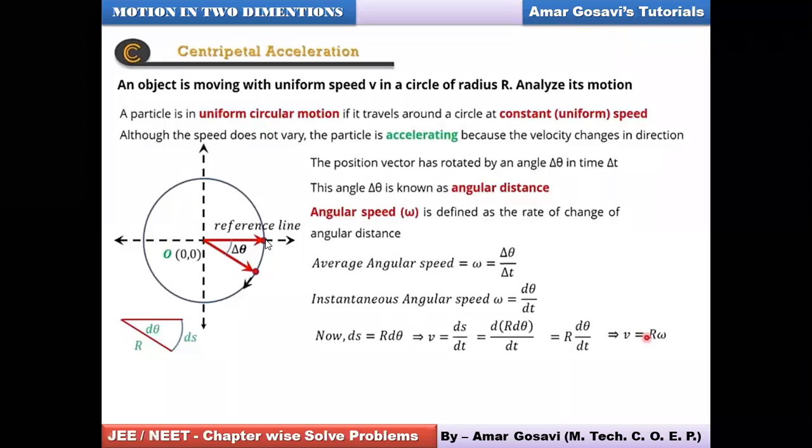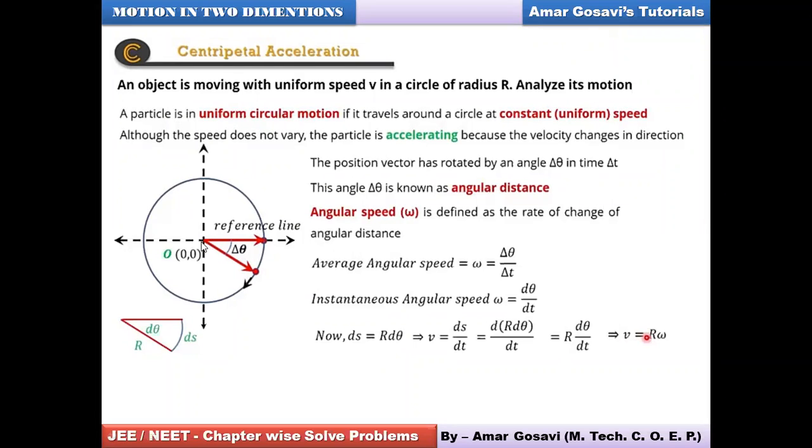This is the initial position of the particle. Obviously, the center coordinates can be 0, 0 in this case. After time interval t, you can see the particle takes a new position so that at the center, the angle subtended is delta theta. Delta theta means small angle. This delta theta can also be represented as d theta.